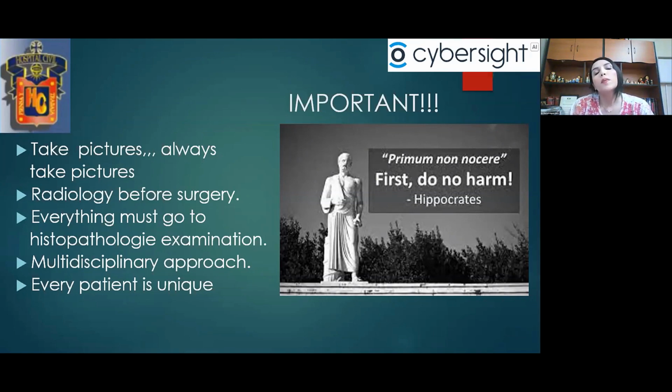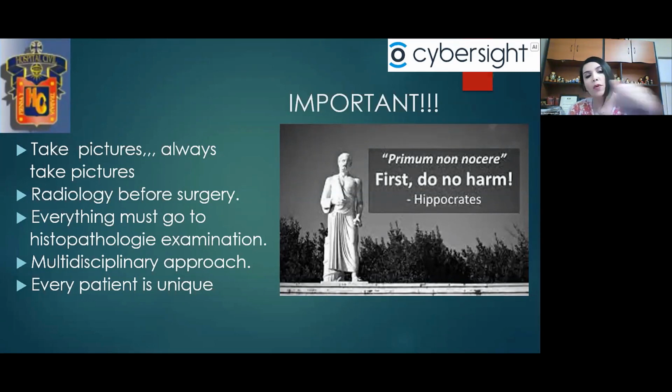Another very important point is to always have radiology before surgery. Even if you think it's something common, maybe a dermoid cyst, that it's benign and not a big deal, always ask for radiology images.